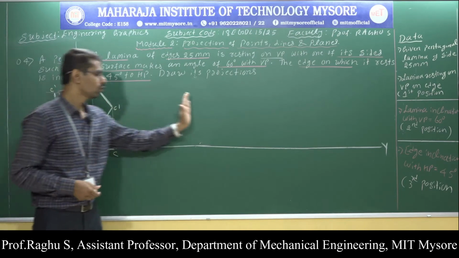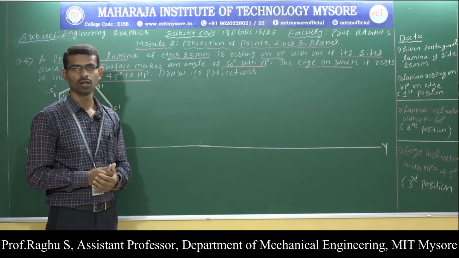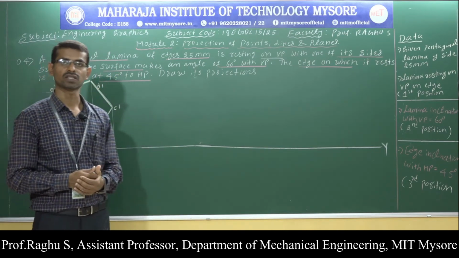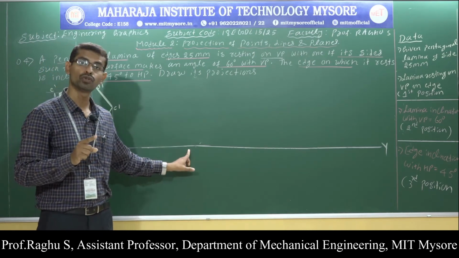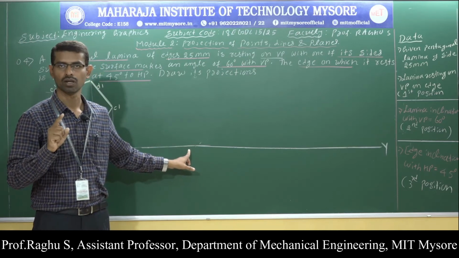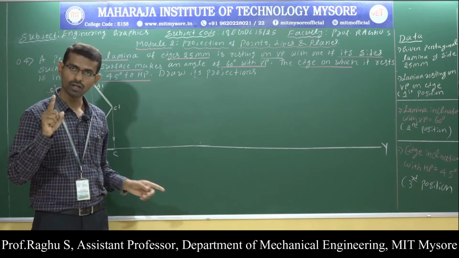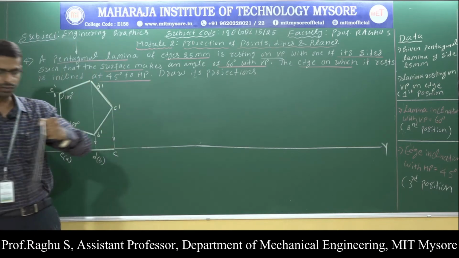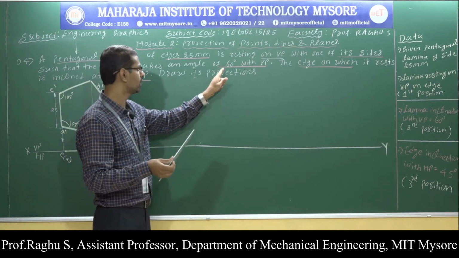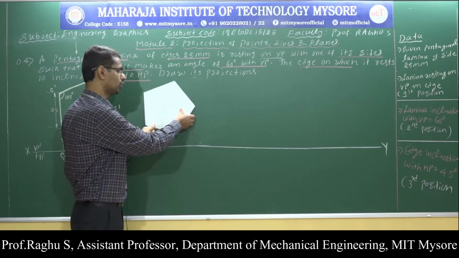Next, move on to the second position. Already I told you in the previous class, when the lamina is resting on VP, to draw the second position I need VP inclination. When the lamina is resting on HP, to draw the second position I need HP inclination. Now, in the problem he has mentioned that this is the initial position, resting position.